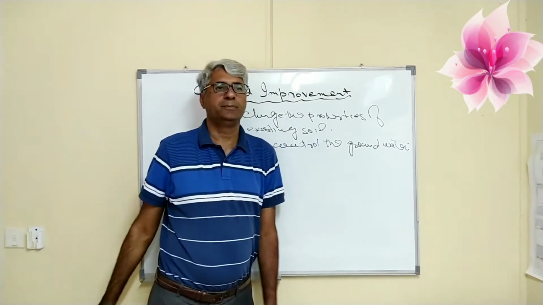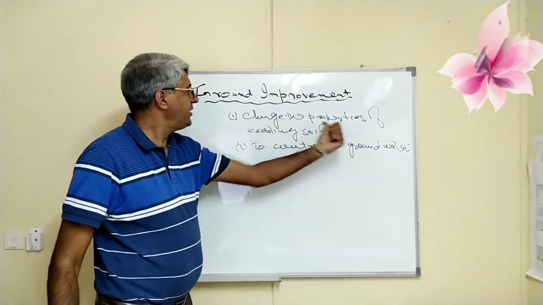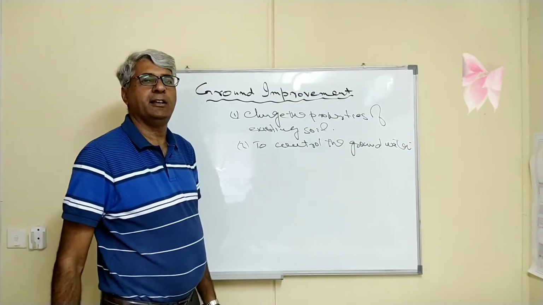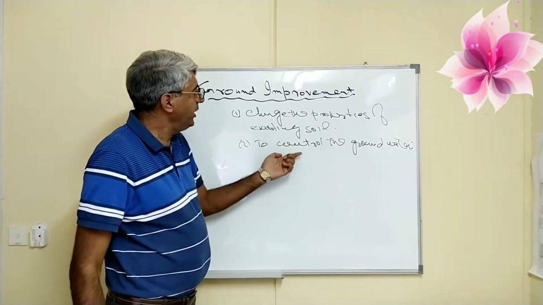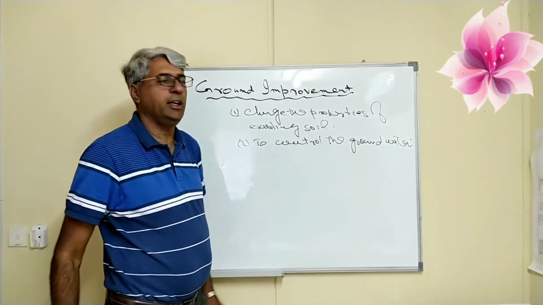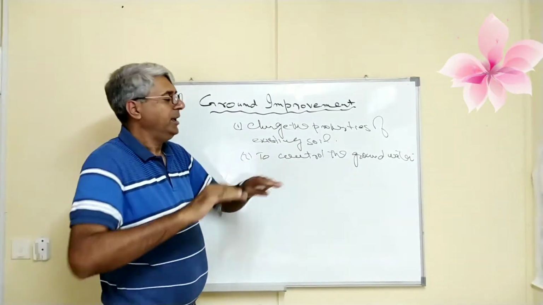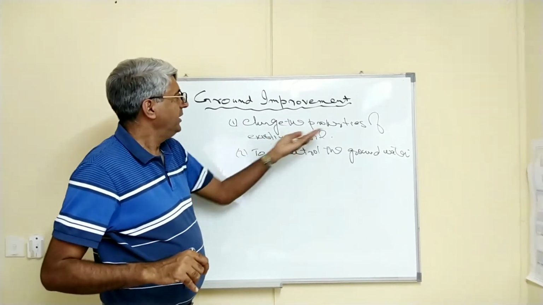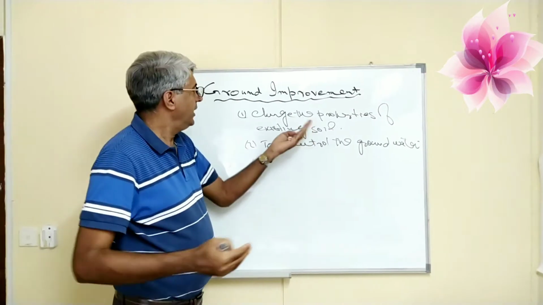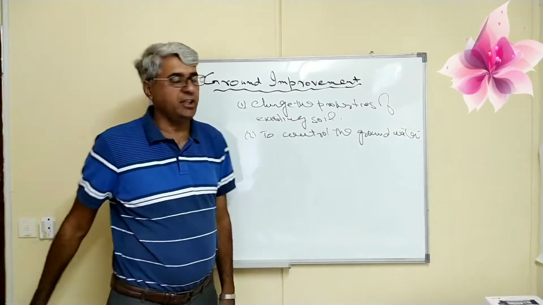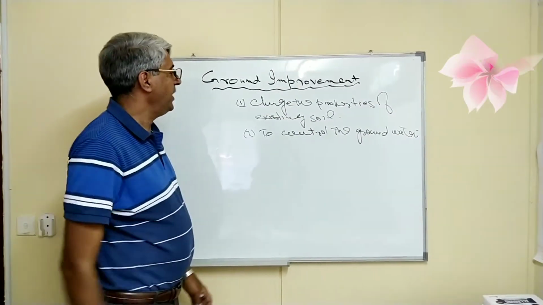Now the question is that we are changing the properties of the existing soil. Number one, we are going to control the groundwater. It means the water table may be higher and we have to lower this groundwater table, and the soil is not suitable and we have to make some alteration. Why? Now the question is why?